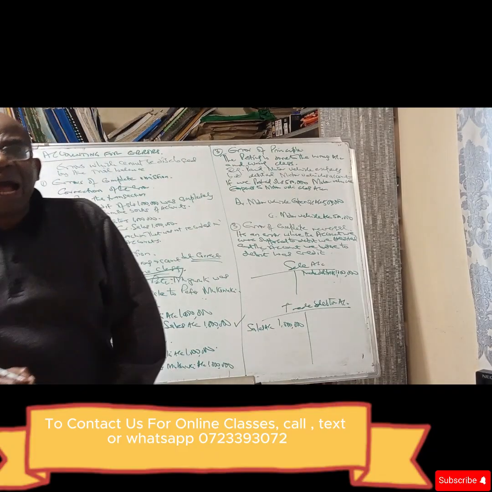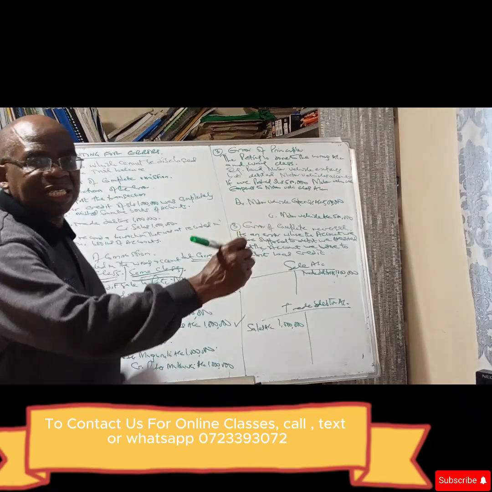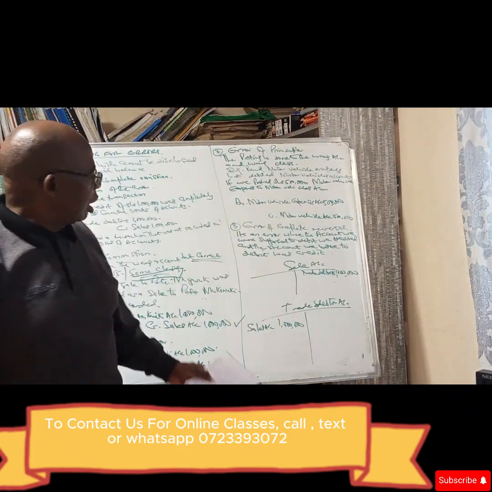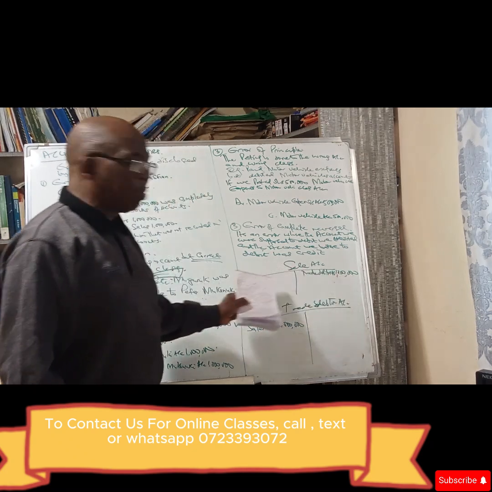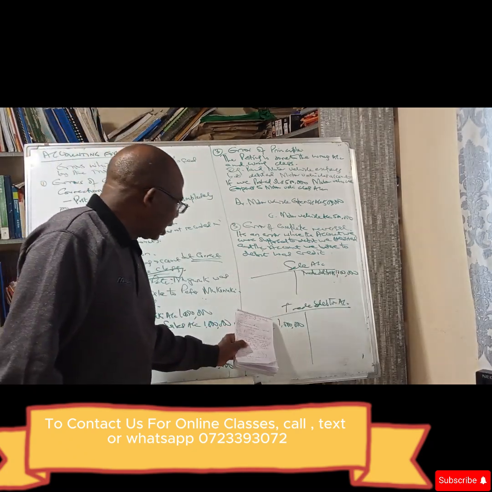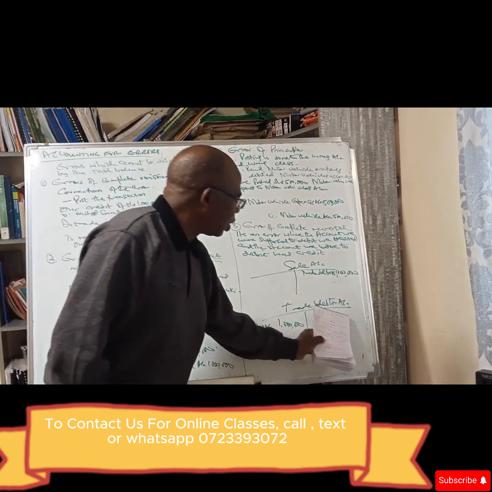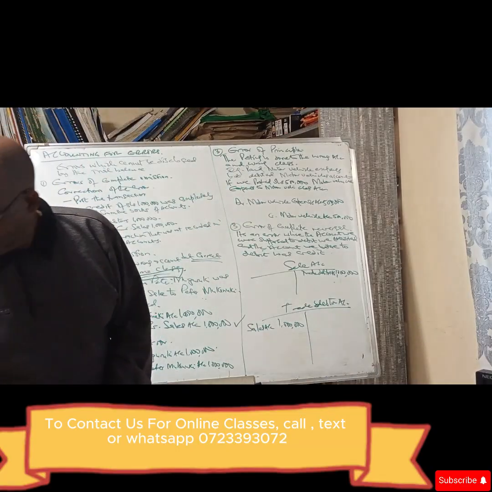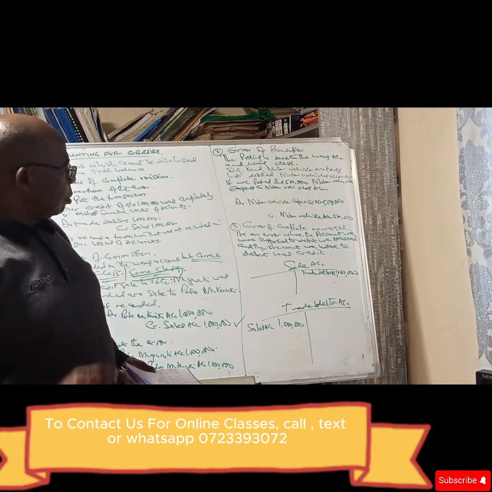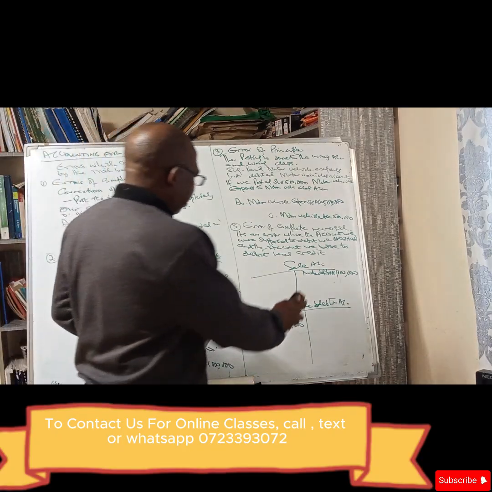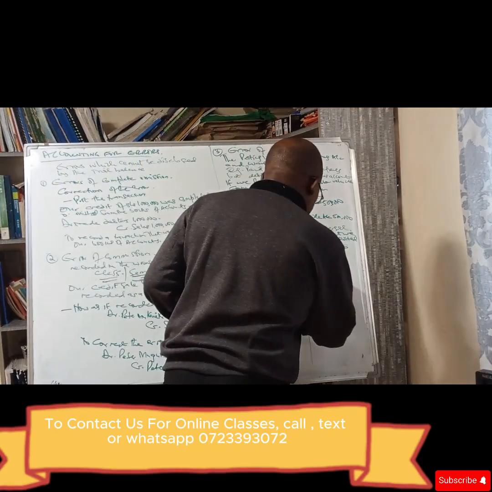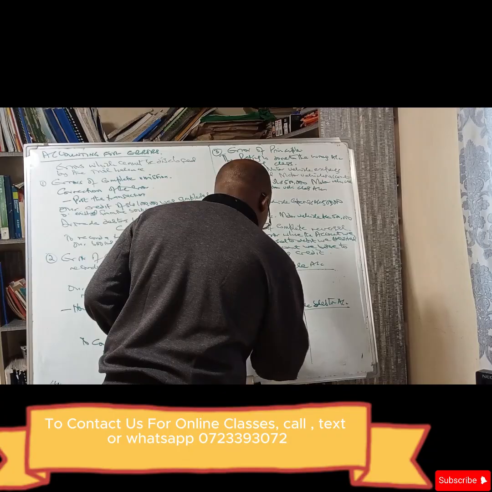But what happens if we reversed it? If instead of crediting sales, we debited sales, and instead of debiting trade debtors, we credited trade debtors. Let me do it now, to show the error that it might have caused.